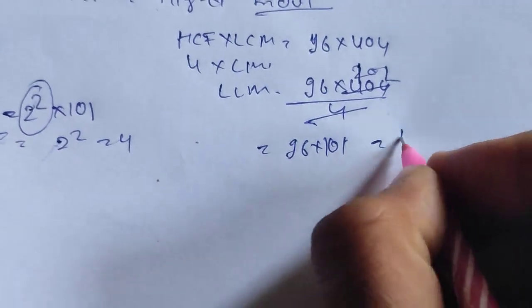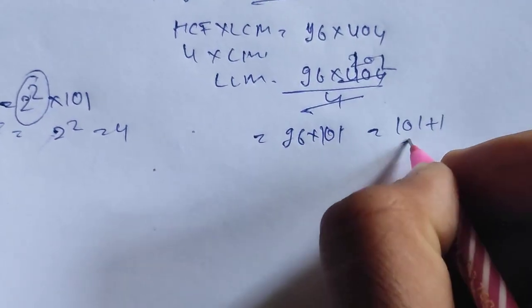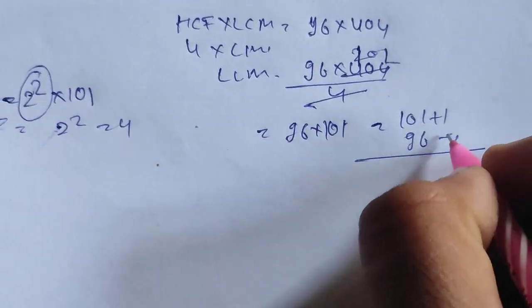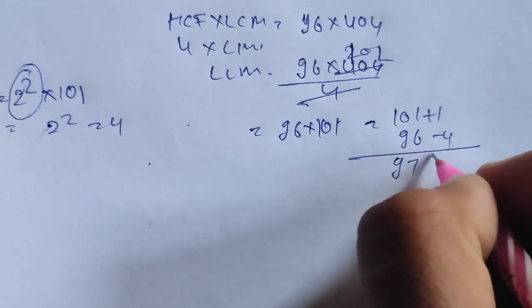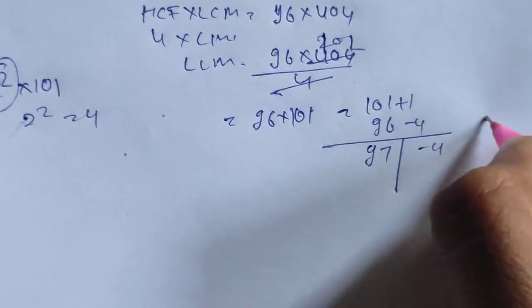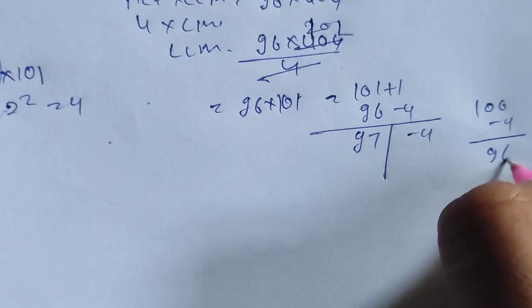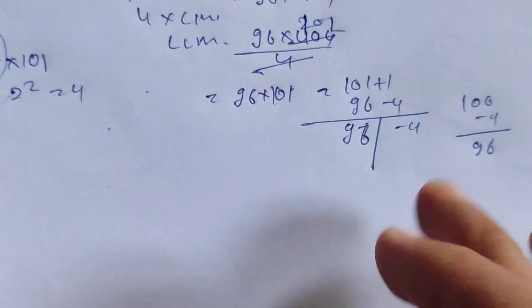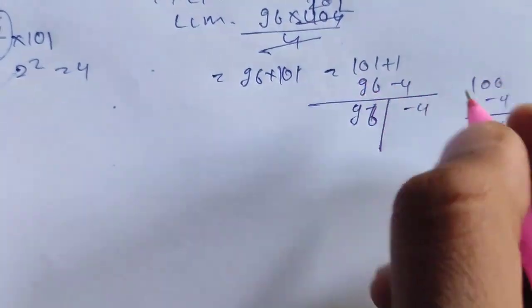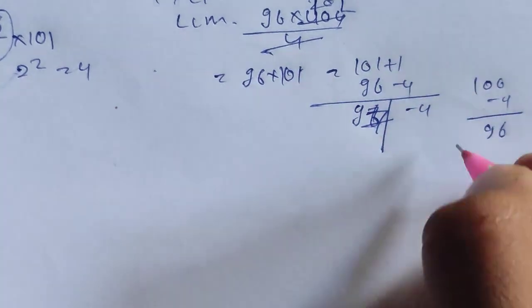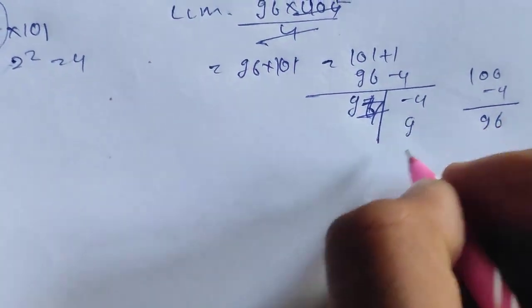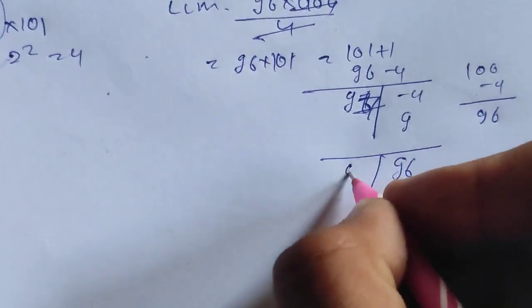Using our basic calculation, 101 is plus 1 over 100, and 96 is minus 4 from 100. So it becomes 97, and 100 minus 4 is 96, so here we get 96 cross 96.